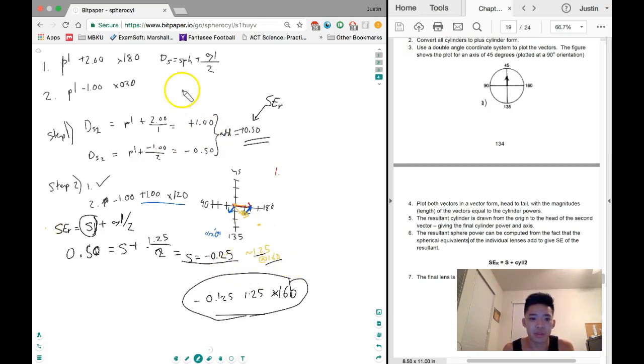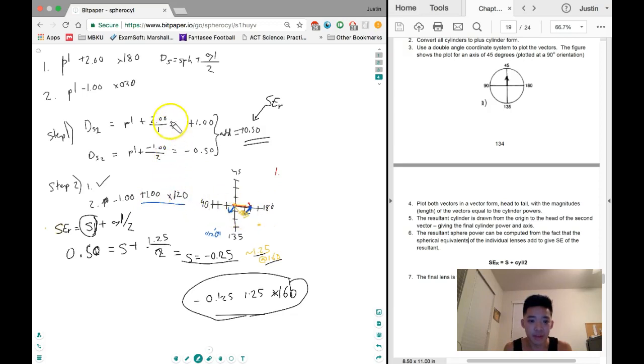Just to recap, step one is to find the equivalent sphere for both prescriptions. That's right here. You do that, and then you add the two, and you're going to use that number later. Step number two, you change any cyls to plus. If they're both plus, then that's good. You don't really have to do anything. Then you graph it using the magnitude of the cyl, and the direction is where you want to go.